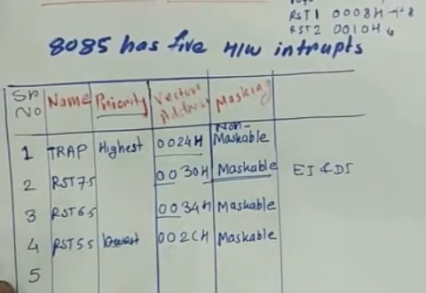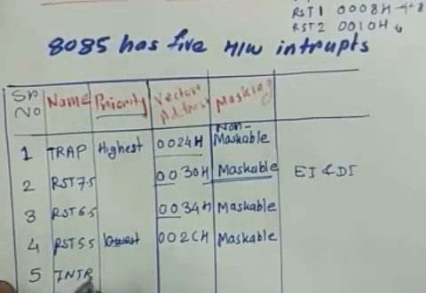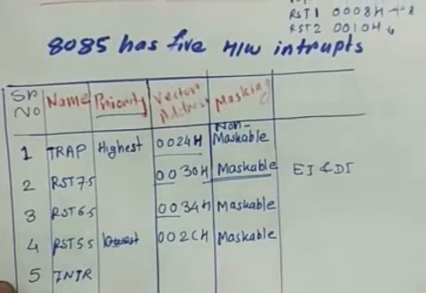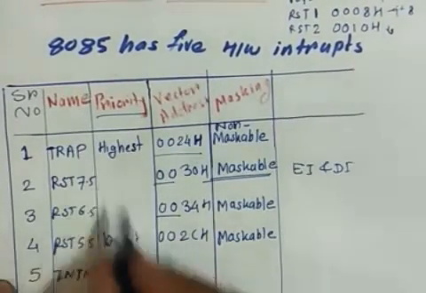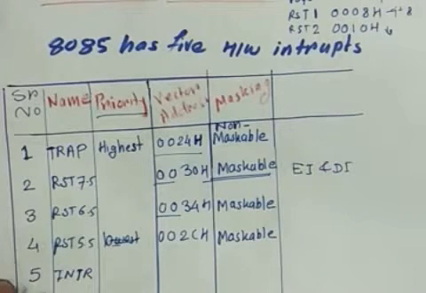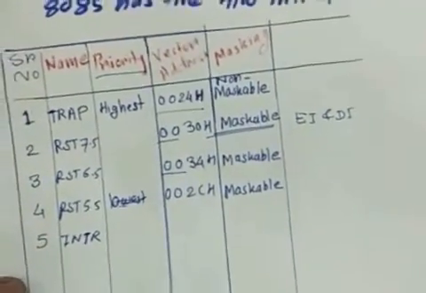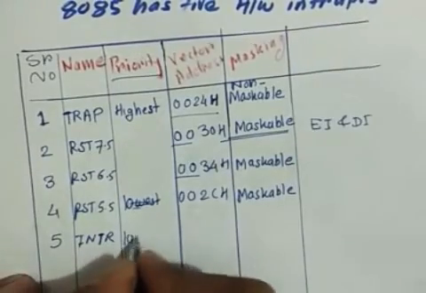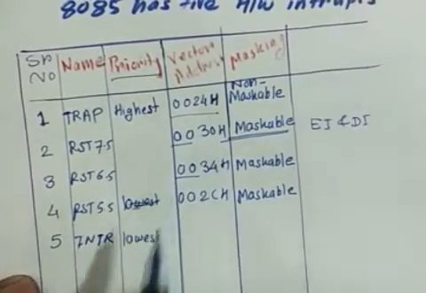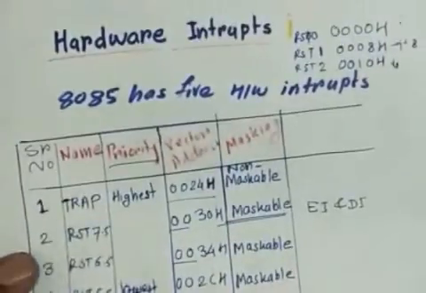The next one is INTR. This interrupt has a lower priority than RST 5.5. It means among all these 5 interrupts, INTR has the lowest priority among the hardware interrupts in the microprocessor 8085.